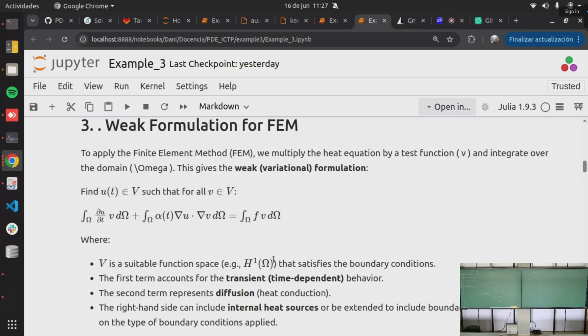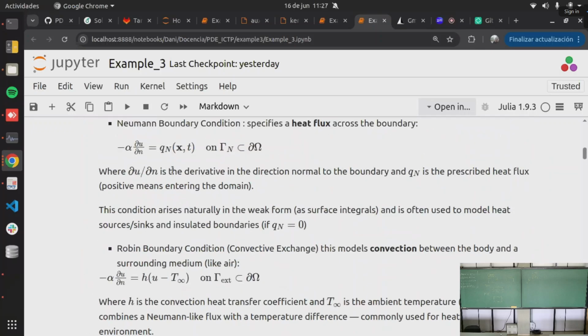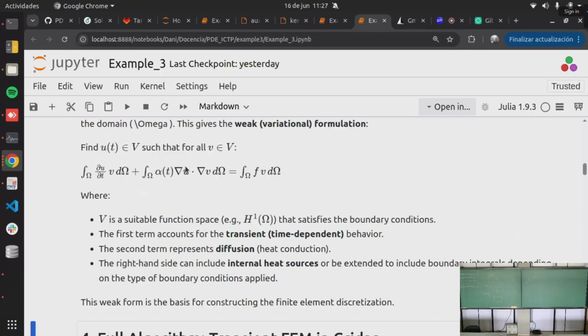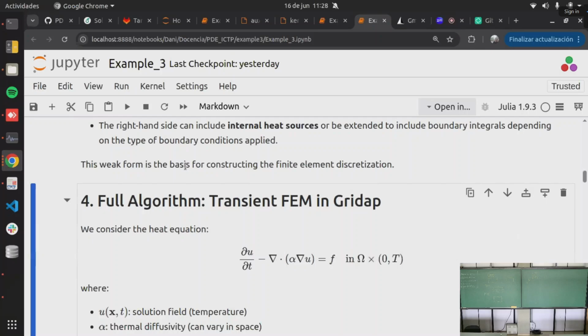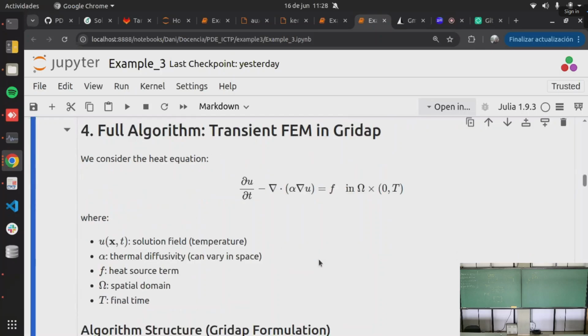In this case, it will be zero, since we are representing the resistance in the Neumann condition, so we don't have any heat sources here. And the full algorithm is a transient FEM. I think that Gridap has in its tutorials one transient equation.